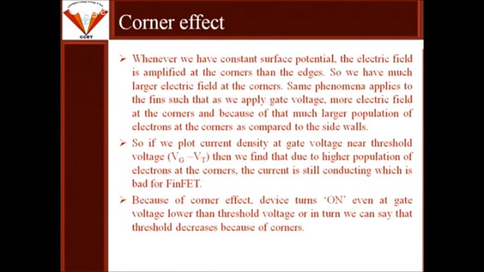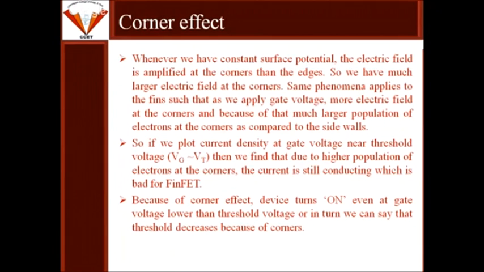If we plot current density at gate voltage near threshold voltage, we find that due to the higher population of electrons at the corners, the current is still conducting, which is bad for the FinFET. It is not a desirable characteristic, because we do not want the device to conduct if the gate voltage is comparable to or less than the threshold voltage.